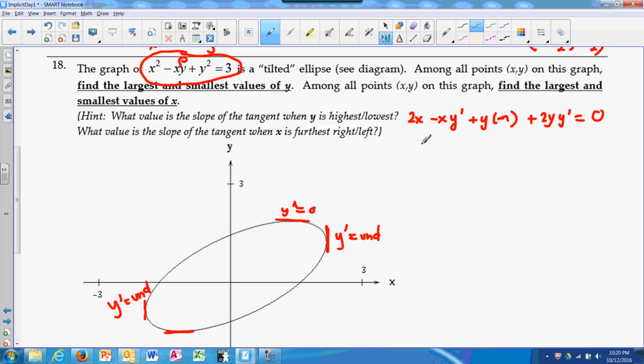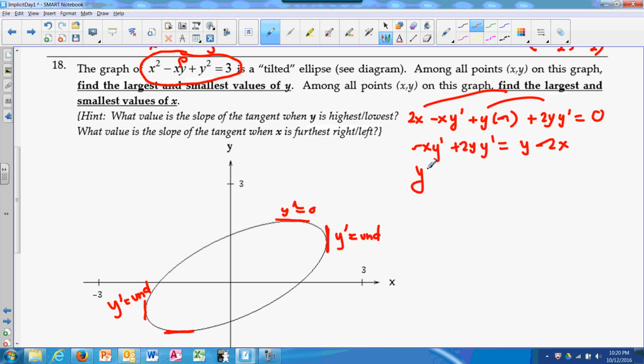This time, we're going to have to do this a little differently because we're looking for 0 slopes and undefined slopes. So that really means that we need our y prime fraction. So we have negative x times y prime plus 2y times y prime equals, and I'm going to move the terms that are not y prime terms over. So it makes it a positive y and a negative 2x.